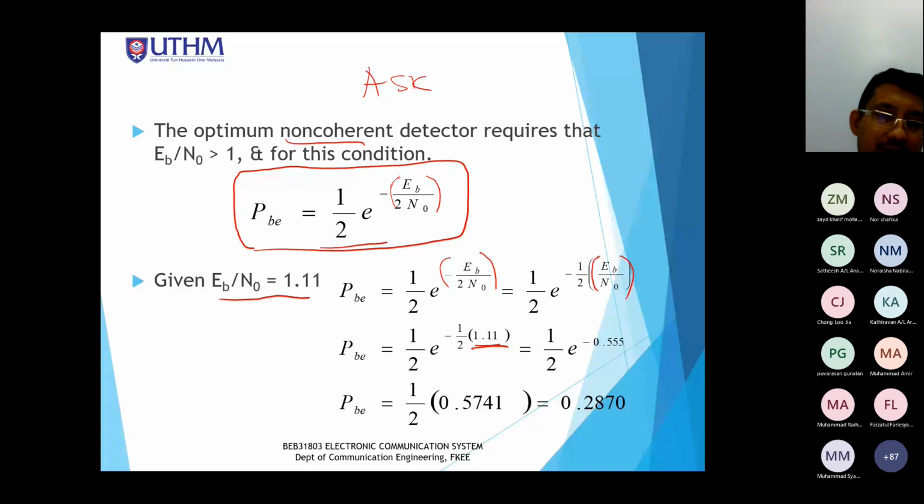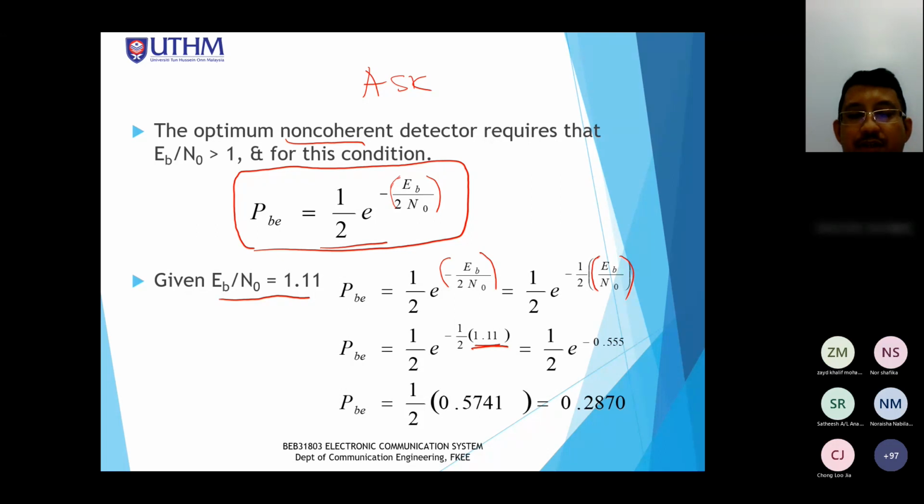If I'm using the normal calculator, I should press shift ln. Shift ln is exponent in my calculator. Before I use exponent, I need to solve the parameter above, 1.11 multiplied with minus 1 over 2, so it is minus 0.555. Exponent power of minus 0.555, how much? Shift ln, negative 0.555.